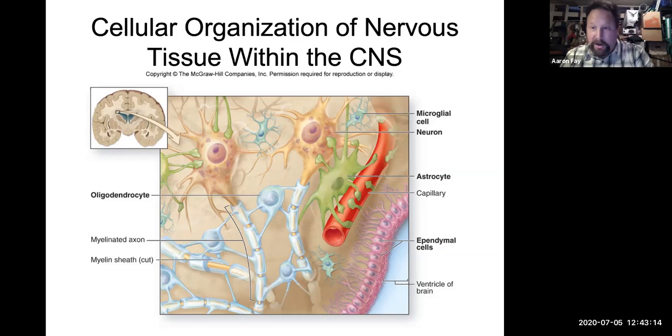So it's really hard for your immune system to get to your brain and protect that tissue if an infection does develop. The only thing you got are these microglia to help keep you safe. Most of the rest of the immune system cannot get into your brain because it's what's called privileged. Basically, the blood-brain barrier will prevent most of the rest of your immune system from entering and protecting your brain.